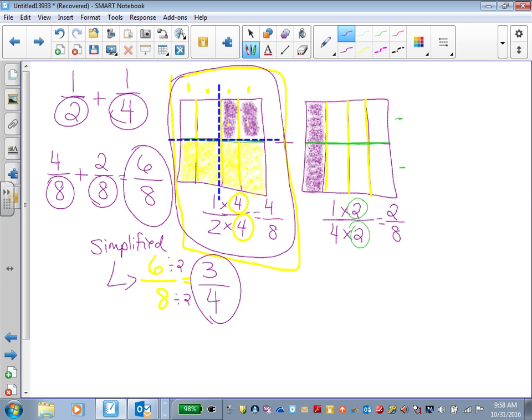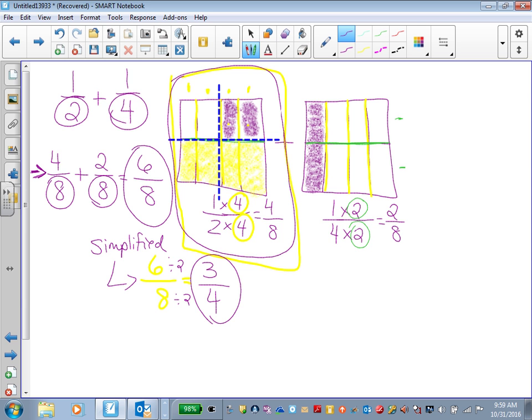How we solved our problem using just straight computation. You can use colored pencils, I'm fine with that.